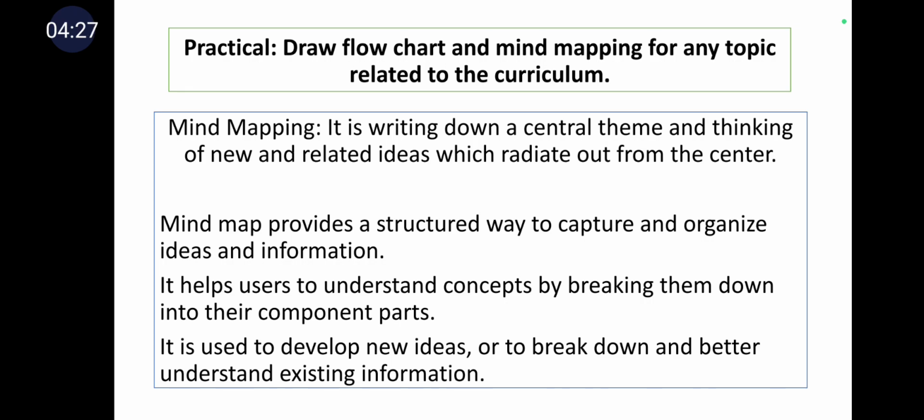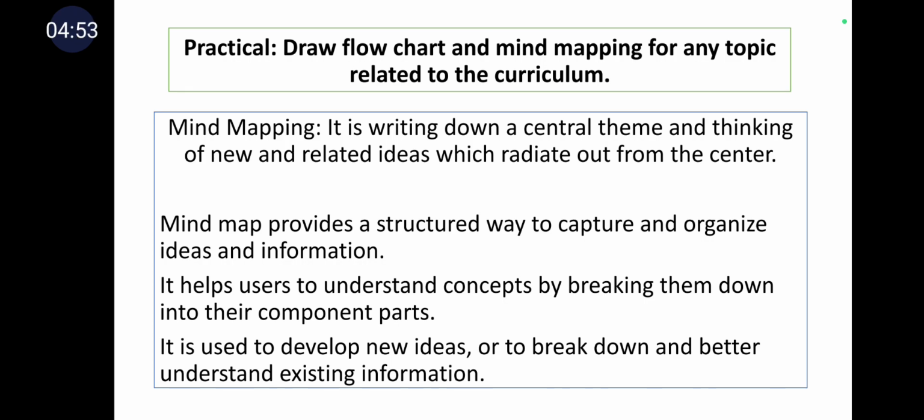In your syllabus also there might be some main point or main concept, and related to that there are some subordinate concepts that come out of the central idea. You can prepare a mind map out of it. A mind map is such a structured way to capture and organize any idea that you won't believe it until you prepare it.